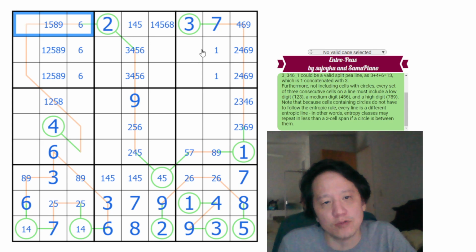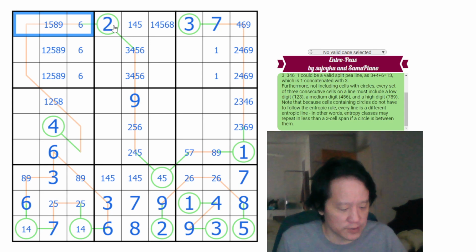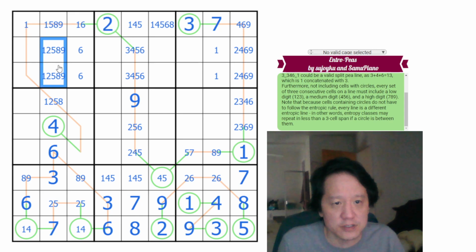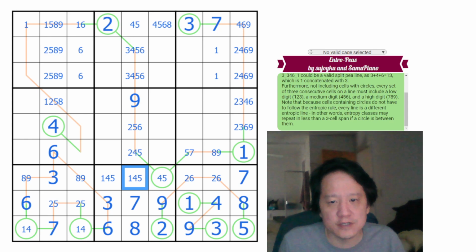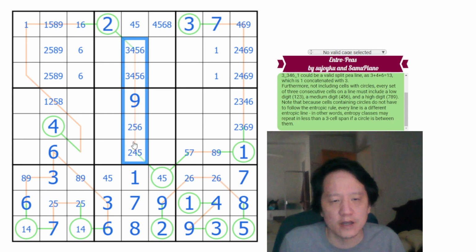Oh, this is all 1. One of these is 1, because all of these are 3. So 1 is somewhere here. So this cannot be 1. This can't be 1. That can't be 1. Therefore, this is the 1. So this can't be 1. So this 4, 5 has to be here.